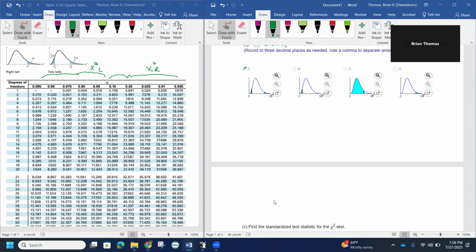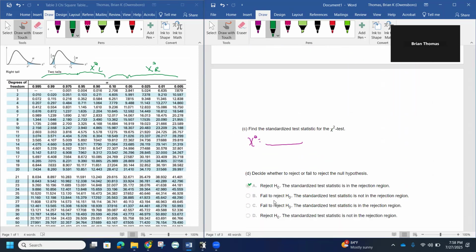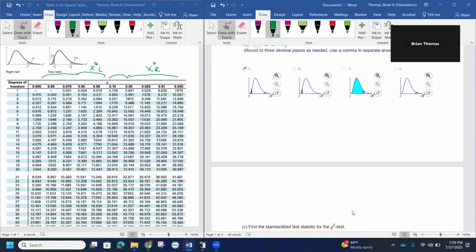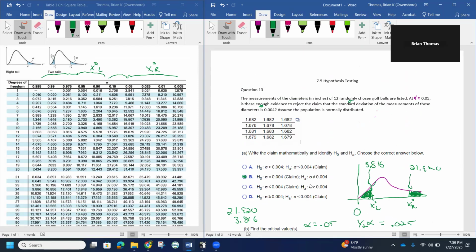As we move along here, it now wants us to find the standardized test statistic. What we have to do is put this data into the graphing calculator.